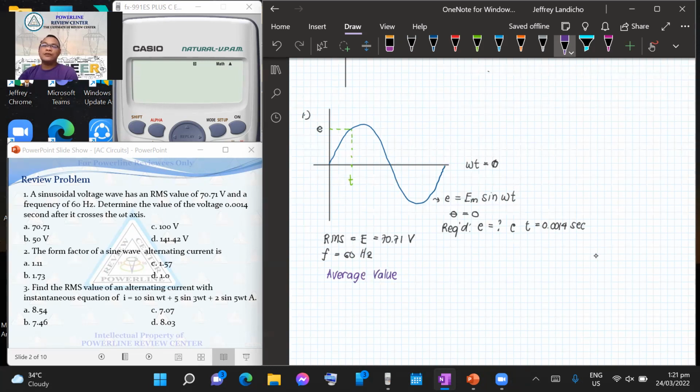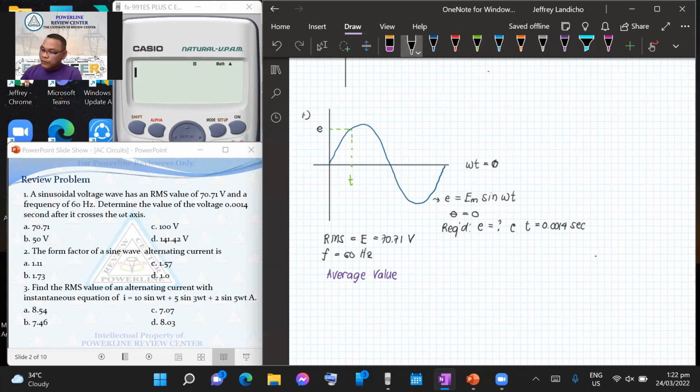Such as sa ating mga rectifiers, usually ang kino-consider natin is the flow of electrons. So we are getting the corresponding average value. Sino ba yung rectifier? We convert the AC to DC, at pag kinuha natin equivalent DC, ang computation, that is by getting the average value.